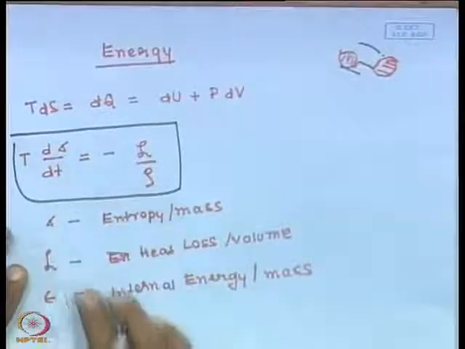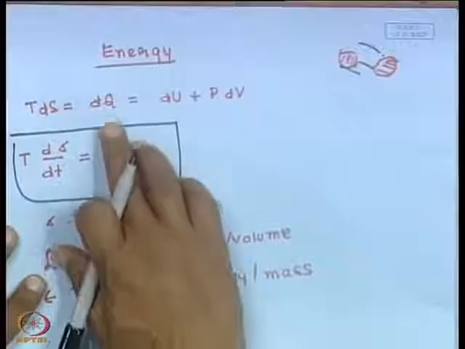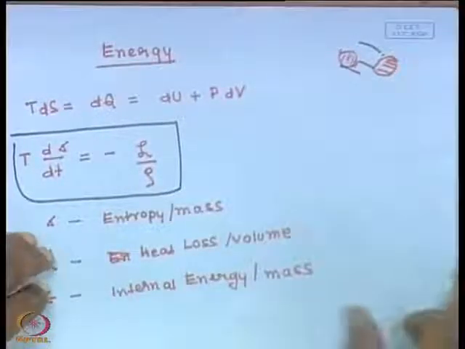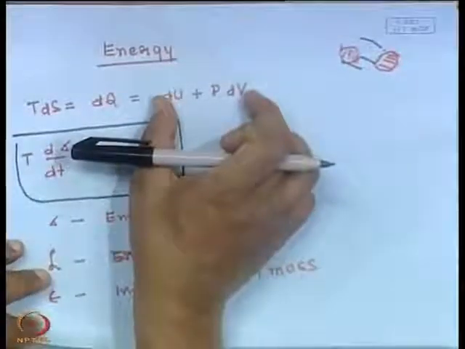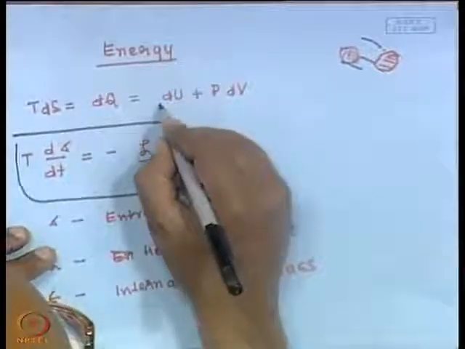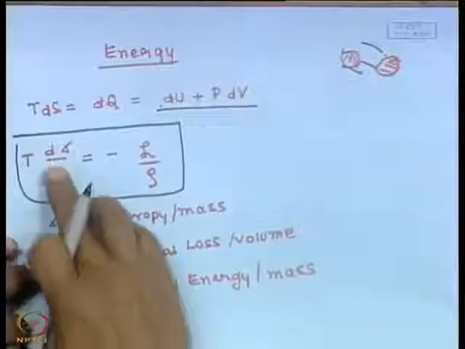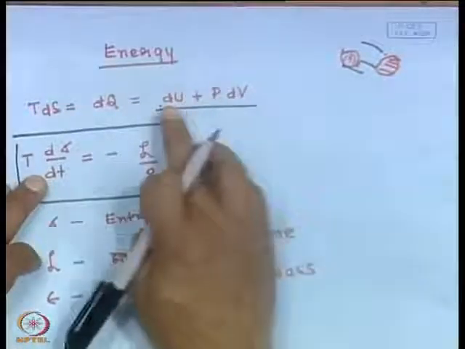We can also express this in terms of the internal energy per unit mass. So let me do that. We know that T d sigma will be written as, so we are going to use this expression now. First I am writing this in terms of these two.